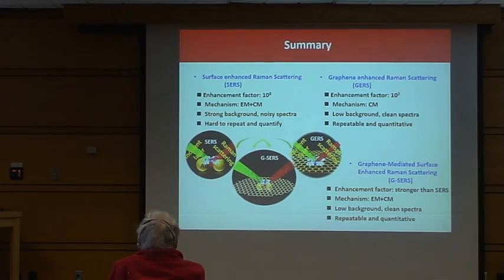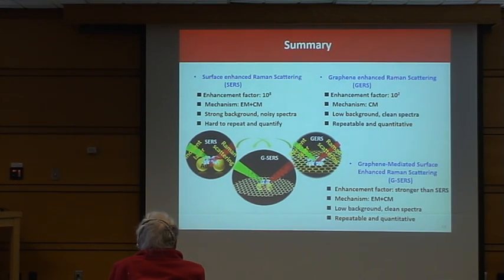So in the end, let's go to the summary. In the talk, we introduced surface enhanced Raman scattering and graphene enhanced Raman scattering. Both of them are very promising in microscale detection. SERS has a strong enhancement factor, but it has some issues, like it is hard to repeat and quantify.